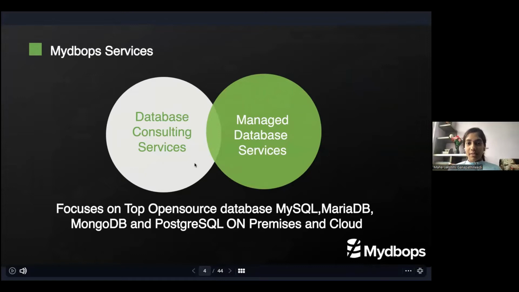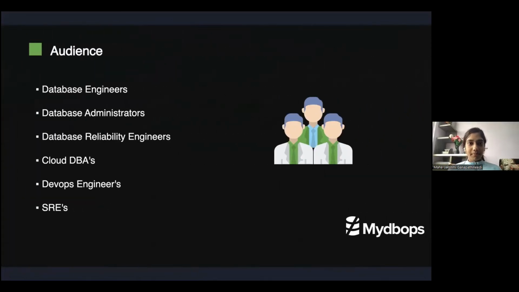Database consulting services and managed database services. We focus on top open source databases: MySQL, MariaDB, MongoDB, and Postgres. Our audience are database engineers, database administrators, DBREs, cloud DBAs, DevOps engineers, and SREs.